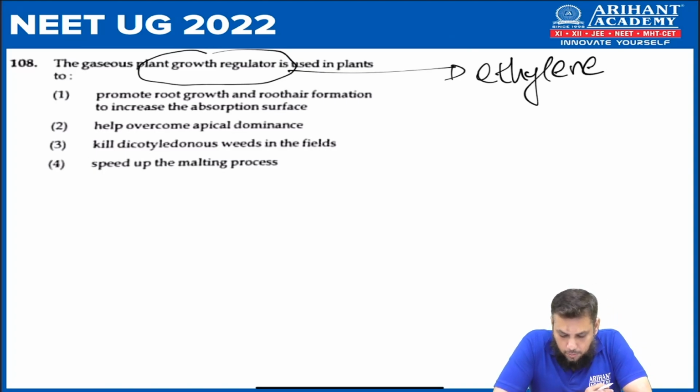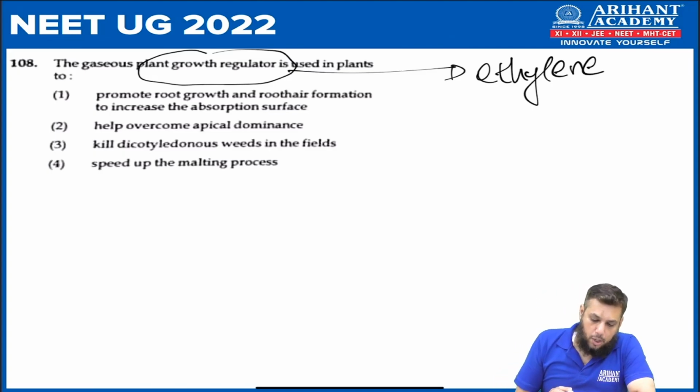And ethylene is known to promote root growth and root hair formation to increase the absorption surface. Whereas to help overcome apical dominance will be the feature of cytokinins. To kill dicotyledonous weeds in the fields will be a function of auxins, and speed up the malting process will be the function of gibberellins. So the right answer will be 1.